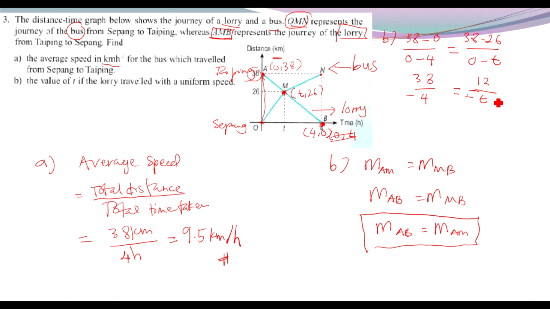Because both have negative, we can cancel the negative. So 38 over 4 equals 12 over t. We cross multiply: 38 t equals 12 times 4.